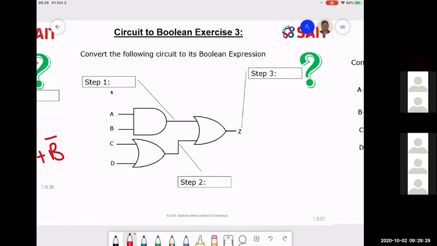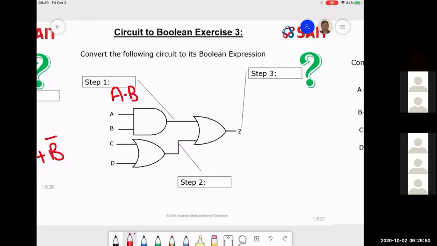Okay, step 1 is simply A and B, or AB. What would step 2 be, mate? Not quite.